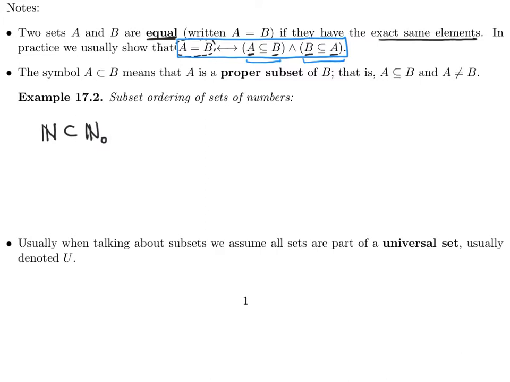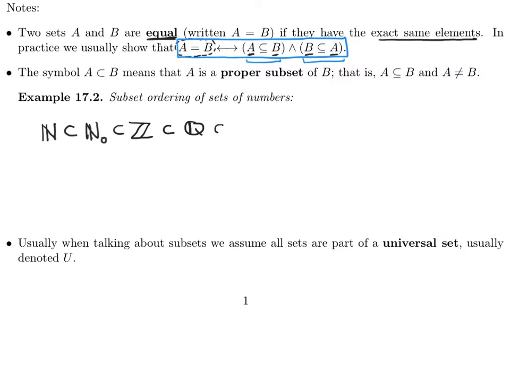The next set we talked about were the integers. The integers contain the whole numbers, so the whole numbers are a proper subset of the integers, which are a proper subset of the rational numbers. That's all your fractions, positive and negative.